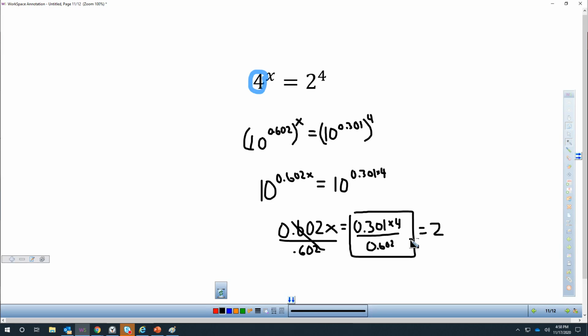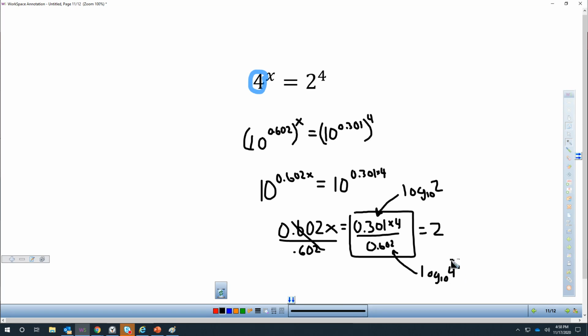So it gave me the answer I got the other times, and I could do this with any base really. And what's kind of cool is this number here, we got by typing in log base 10 of 2, and this number here we got by doing log base 10 of 4.